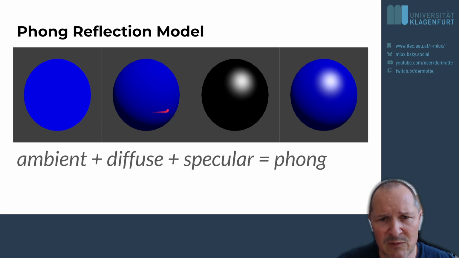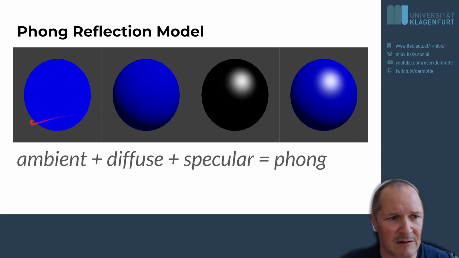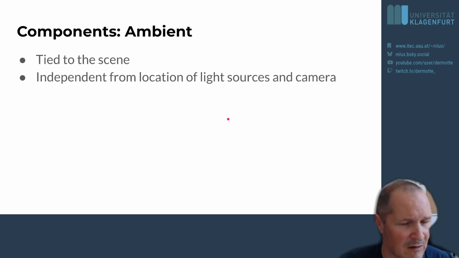Then the diffuse component is the component that has a very rough surface, an even but rough surface, so very small notches and crevices that basically do not reflect the light towards the camera. So you would have maximum diffuse lighting, and then we would have specular lighting, which gives us the specks that are basically the mirroring of the light. And if we just add them all together, we get the Phong shading or the Phong reflection model.